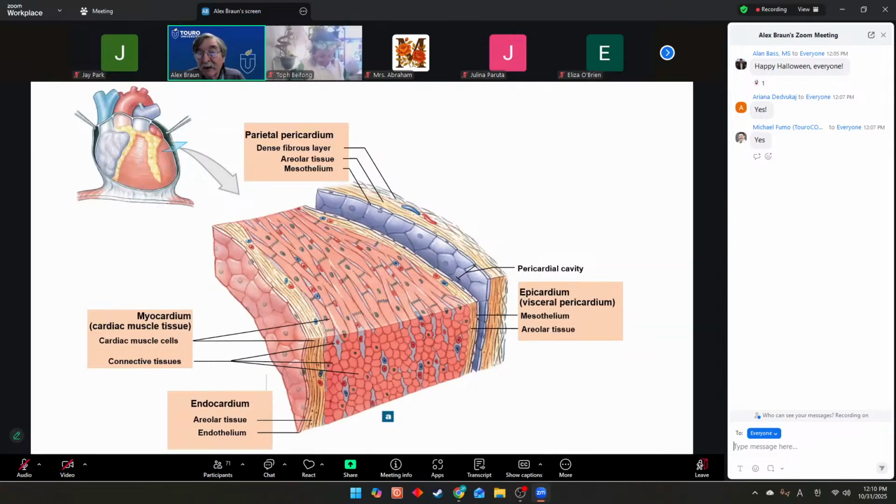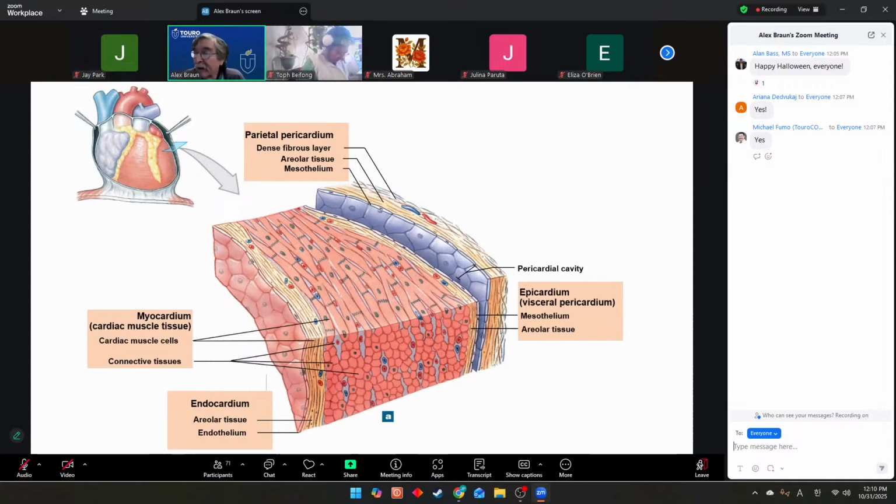The myocardium consists essentially of cardiac muscle, and the endocardium, which faces the blood-filled cavities of the heart, the atrial cavities and the ventricular cavities, is also lined by a simple type of flattened epithelium, a squamous epithelium, if you will. Often that's simply called endothelium, the specialized epithelium lining the blood-filled cavities of the body, including those of the heart.